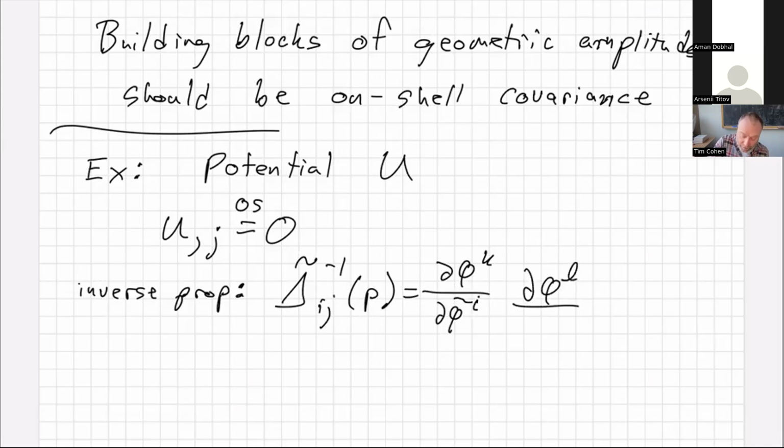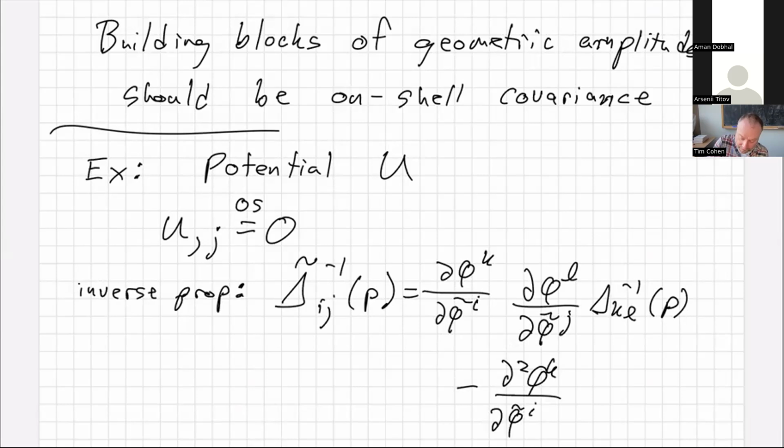This is after doing a field redefinition, sorry. So I have the inverse propagator, but then there's this other term, d squared phi k over d phi tilde i d phi tilde j, times U sub comma k.